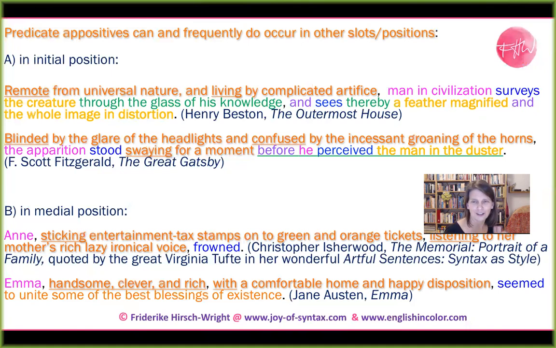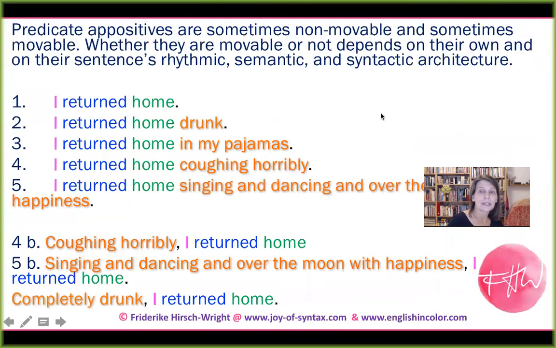Actually, the sentence goes on from that, but I wanted to show you two examples of predicate appositives in medial position. Now, some predicate appositives are movable, and we just saw that they can be moved into an initial or medial position, and some are not. Whether they are movable or not depends on their own and their sentence's rhythmic, semantic, and syntactic architecture. And that is tricky, especially for learners of English.